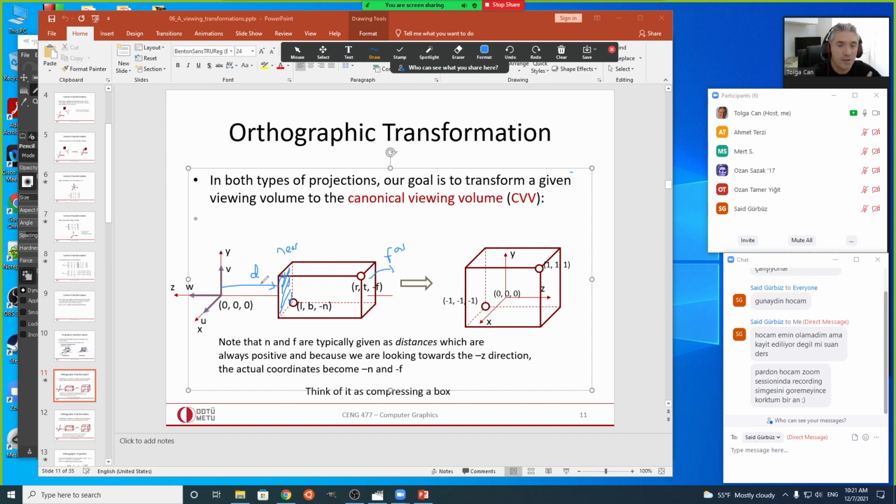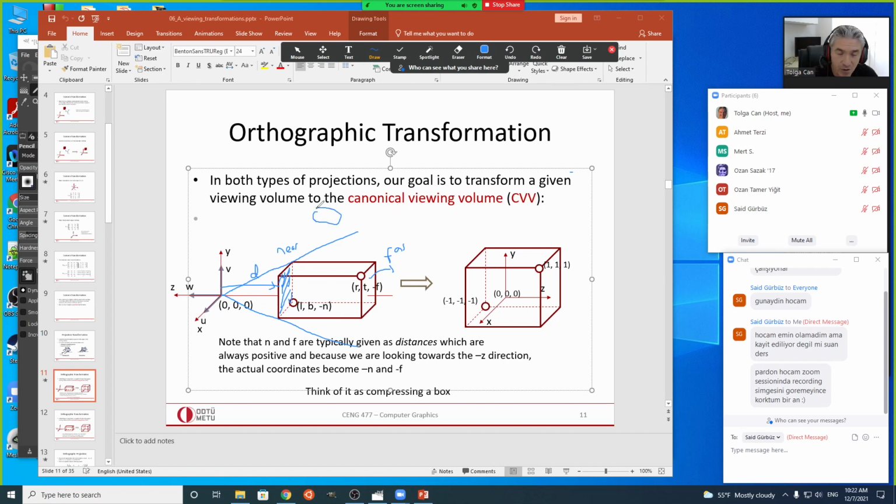We are going to want to define a viewing volume inside the virtual world, so that everything inside this viewing volume is going to be visualized. We didn't necessarily do this in ray tracing; it was actually something implicit. When we shot our rays, imagine these rays that pass through the corners.